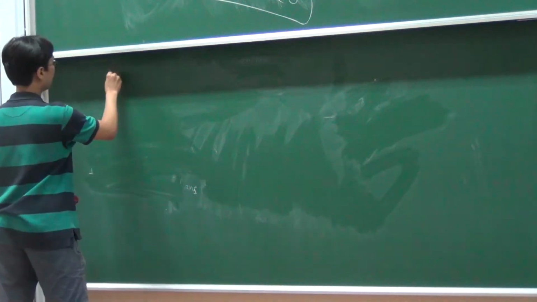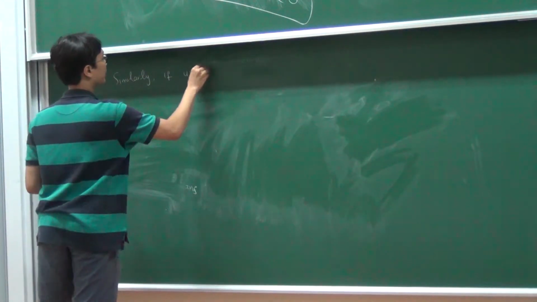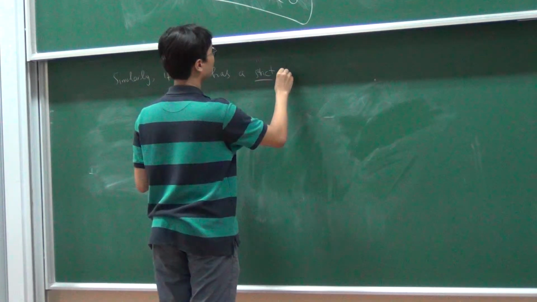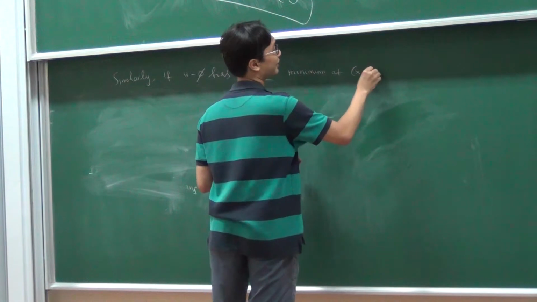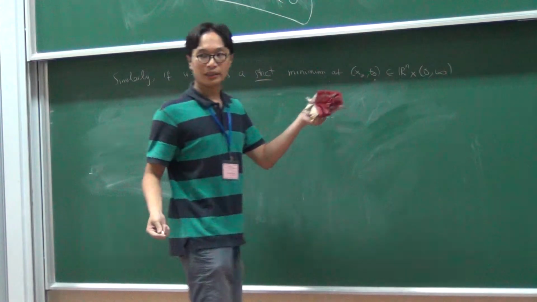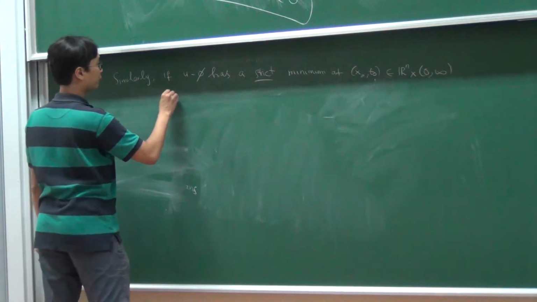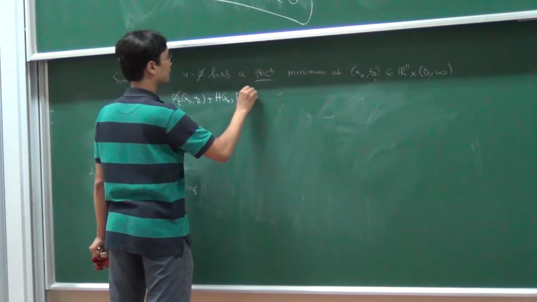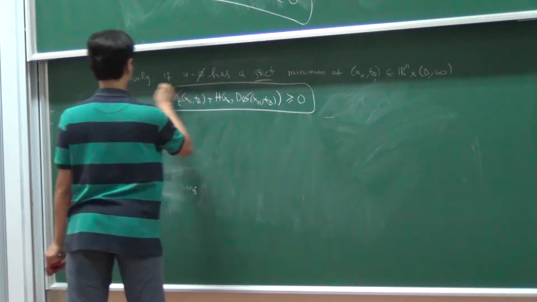Okay, similarly, if u minus φ has, by the way the strict thing is not important, a strict minimum at (x0, t0), and I forgot to say that t0 has to be greater than 0, I don't want it to be at 0, then I'm going to have the reverse inequality: φ_t(x0, t0) plus H(x0, ∇φ(x0, t0)) greater than or equal to 0. So I have the reverse inequality.